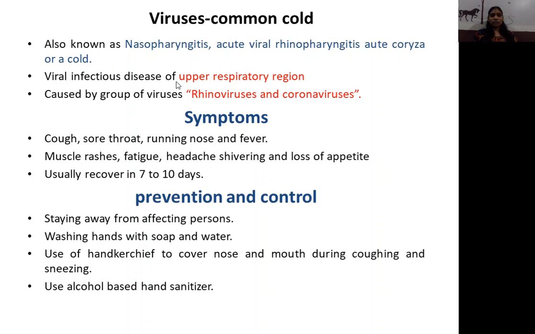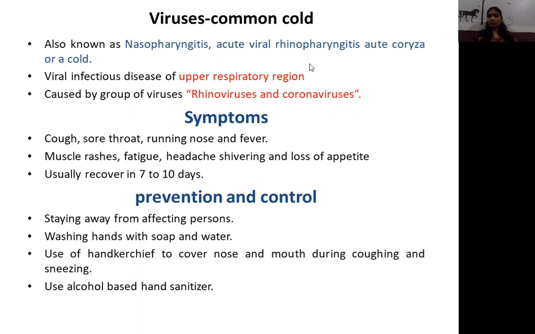Viral infection disease of the upper respiratory region. So, the common cold is an infectious disease which affects the upper respiratory region of humans and is caused by a group of viruses, for example, rhinoviruses and coronaviruses. This is the scientific name of that parasite.